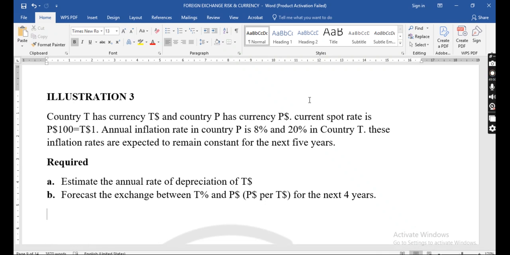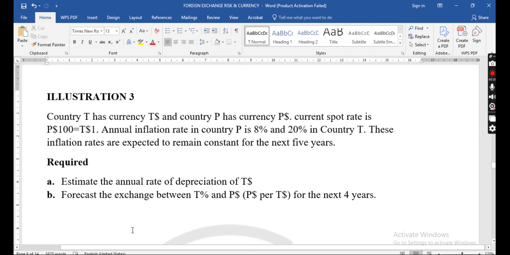Annual inflation rate in country P is 8% and 20% in country T. These inflation rates are expected for the next what? For the next 5 years. It means that it is expected that it will be like that for the next 5 years. That is why in international investment, they will always tell you that the inflation rate for the project is 5 years, right?